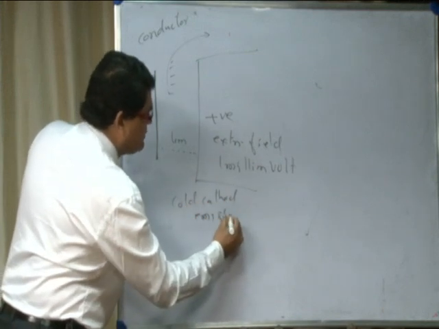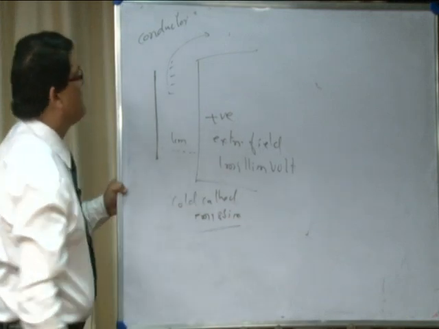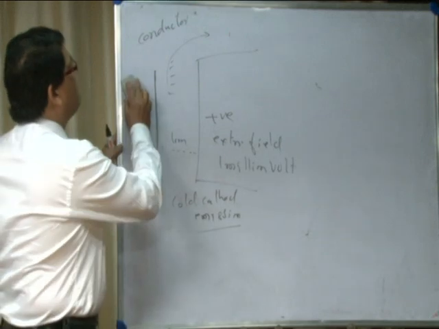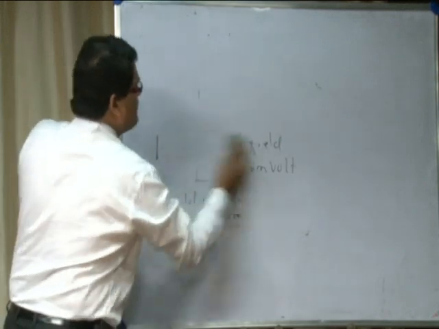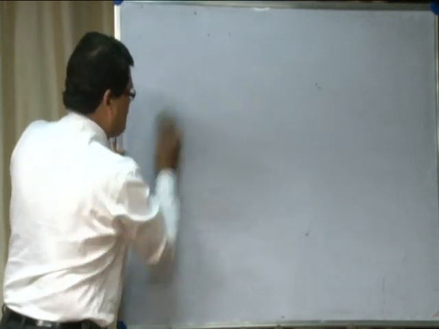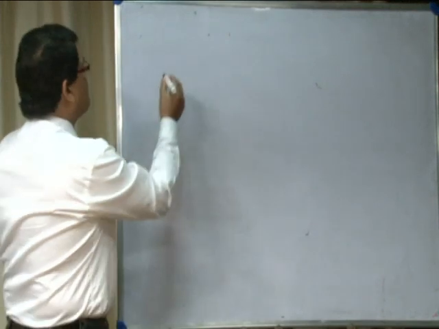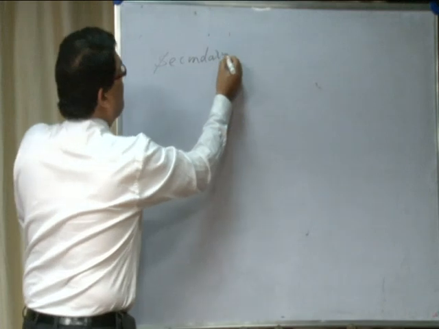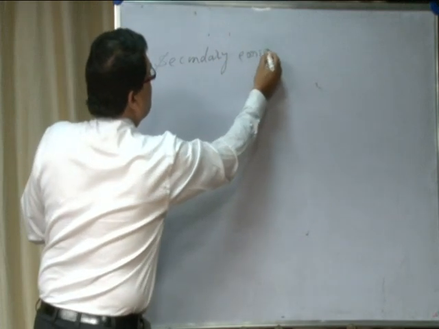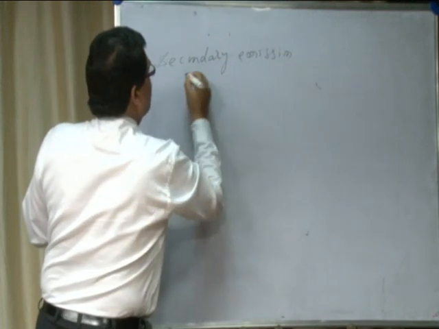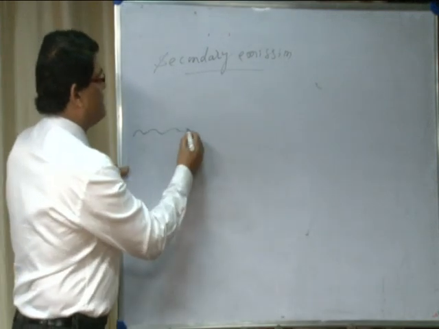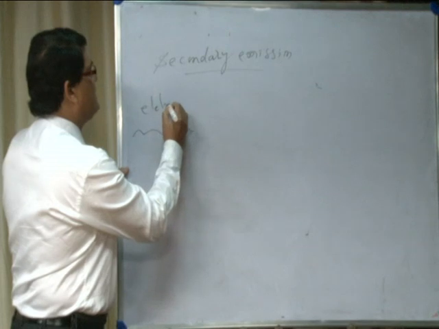So, this is one of the ways by means of which we can remove the electrons. And finally, the last type is secondary emission. In secondary emission, let us say for example, this is an electron which has already been released.